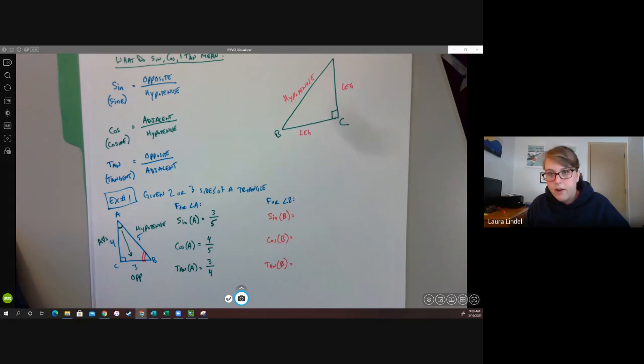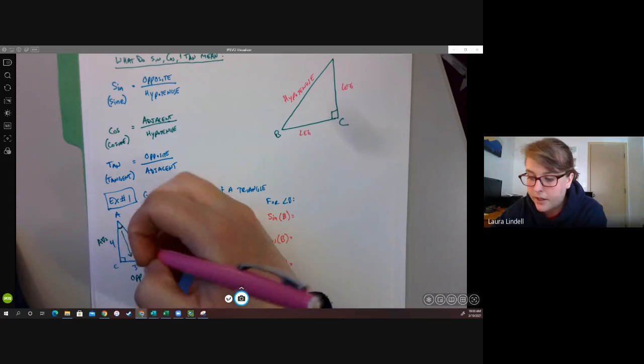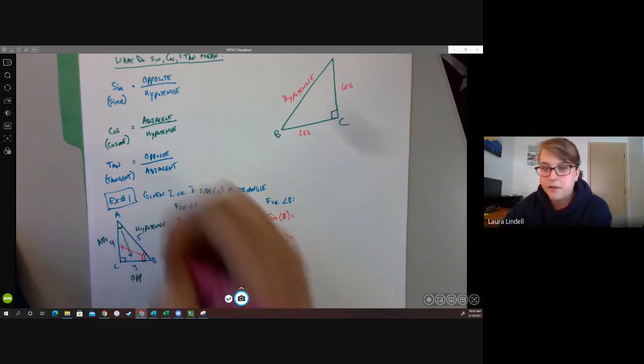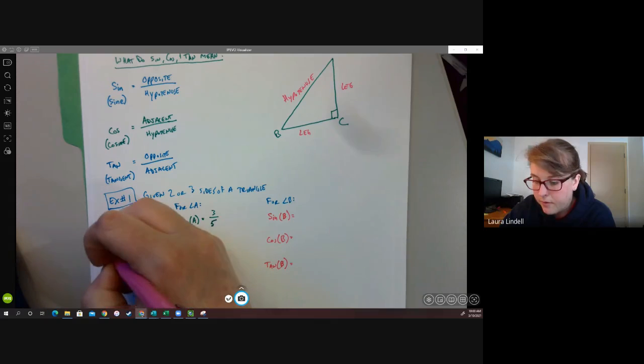It'll be 3, 4, or 5 for opposite of angle B. 4. Yeah, exactly. So 4 is the one that is across from, not touching angle B. So this would be the opposite for angle B.